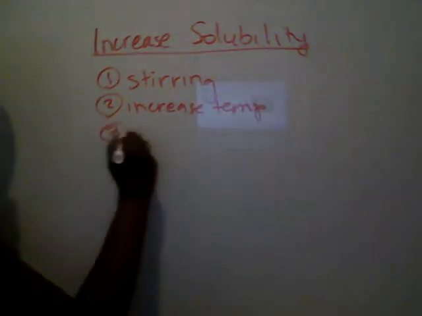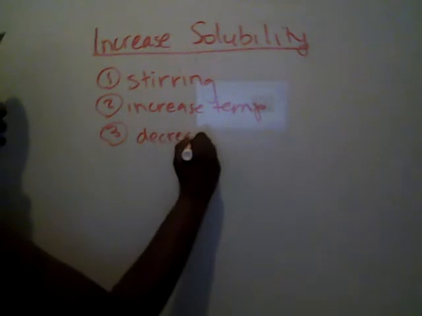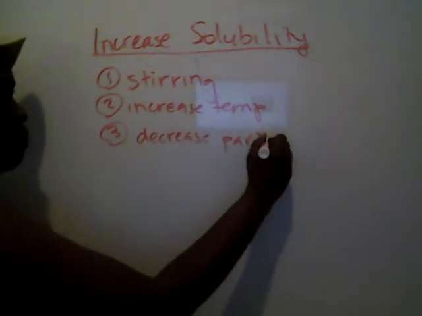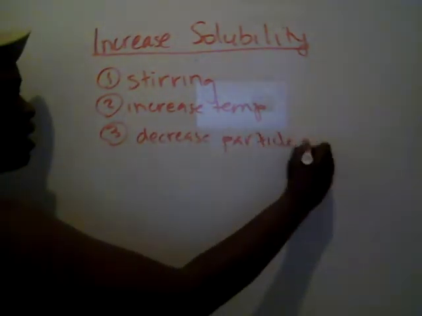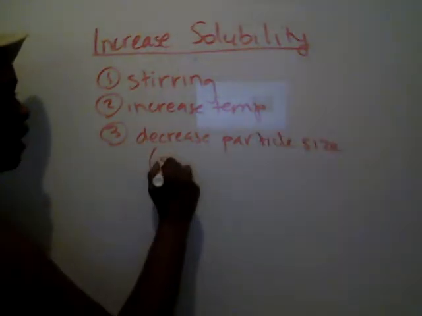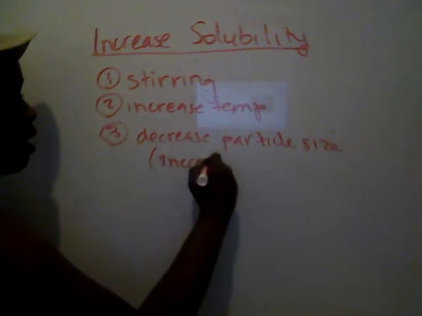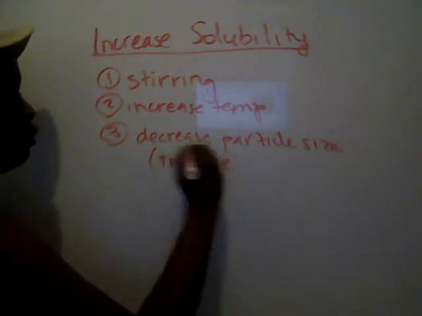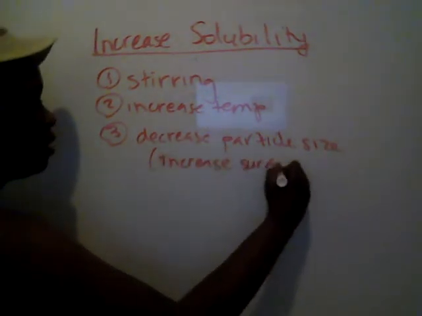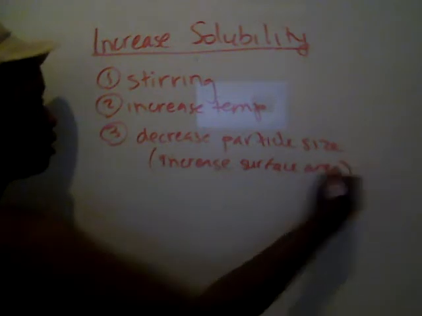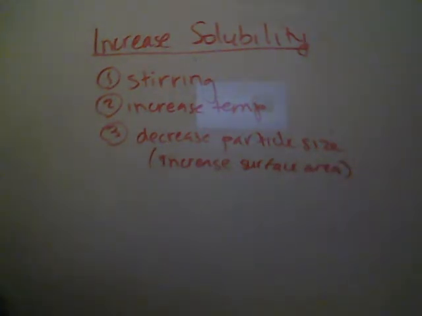And we can 3, decrease particle size. Now remember, we said if we decrease particle size, that's actually a fancy way of saying we're increasing the surface area. We're making the solute more exposed to the solvent. Okay. So these were 3 ways that we can increase solubility.